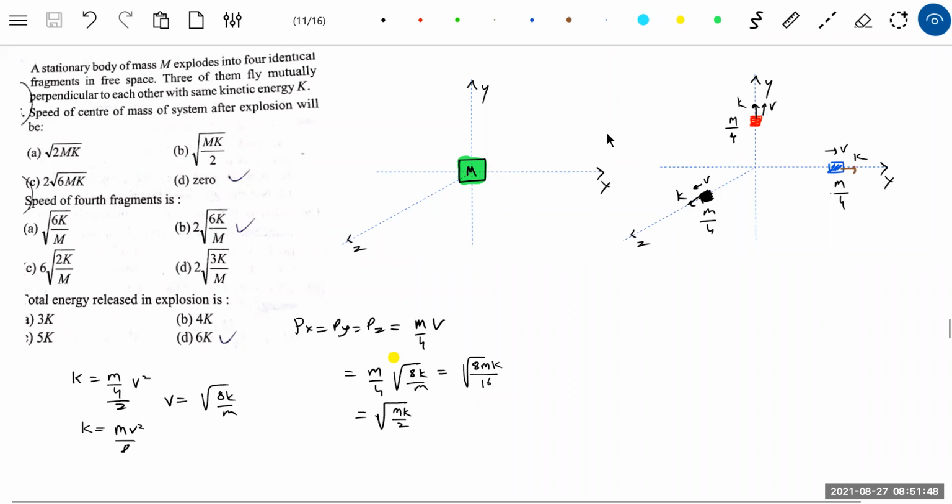So what do you expect? The center of mass after the explosion. Initially it was at rest, now also it's going to be at rest. Center of mass will not move. So the center of mass is going to be there only. What is the reason we should give?